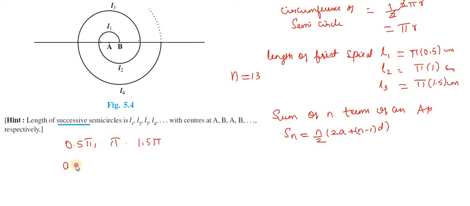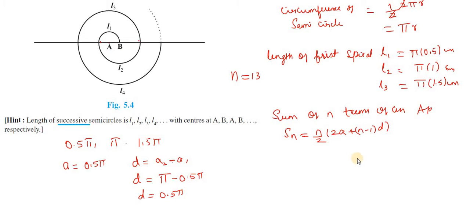So therefore here a is equal to 0.5 pi and d is equal to a2 minus a1. So d is equal to 1 pi minus 0.5 pi. So 1 minus 0.5, d is equal to 0.5 pi.